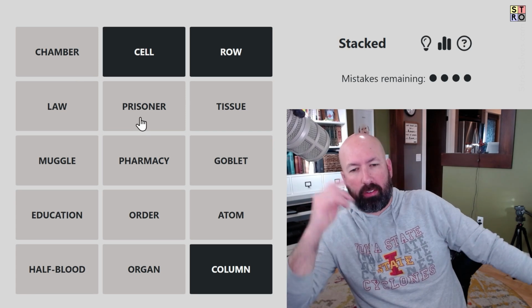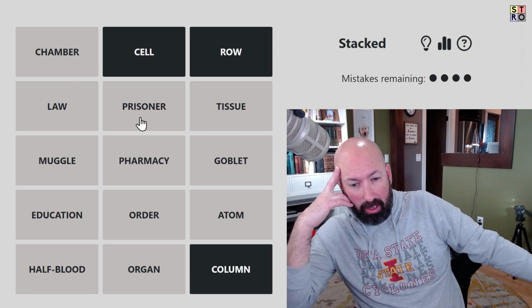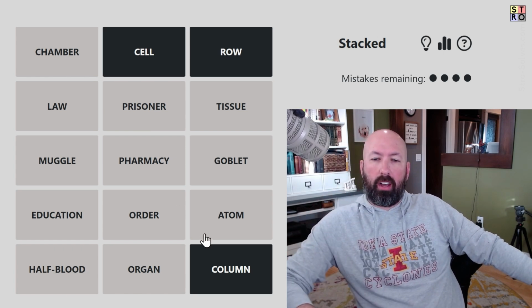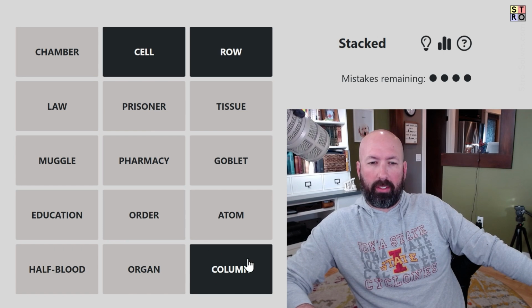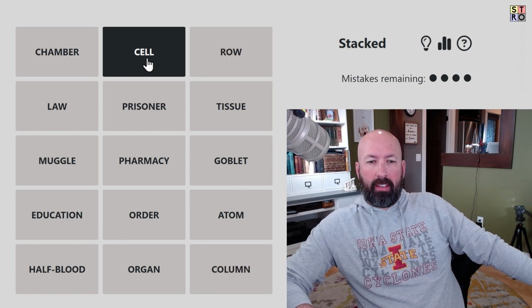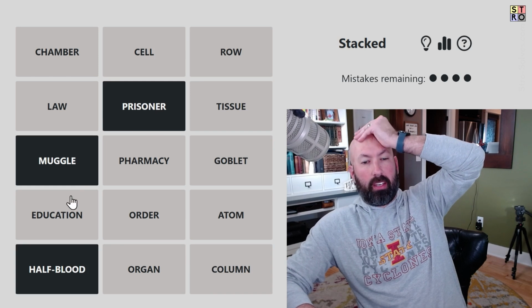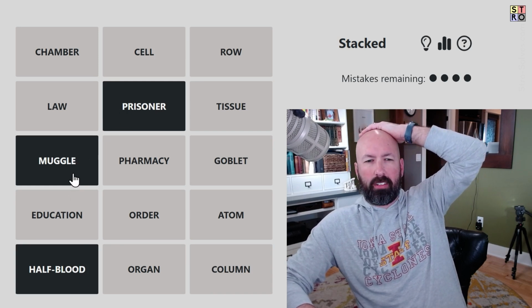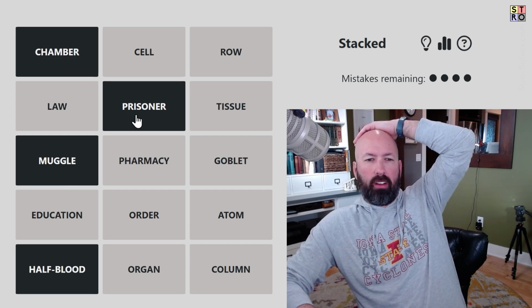Prisoner. Prisoner is interesting. What is prisoner going to go with? Law and order and prisoner, but cell, row, and column are so good. Maybe order could go with it. And muggle and half-blood seem right, but prisoner could be good too. These could be things in like Harry Potter or something. Is there a chamber? There's the prisoner of something.